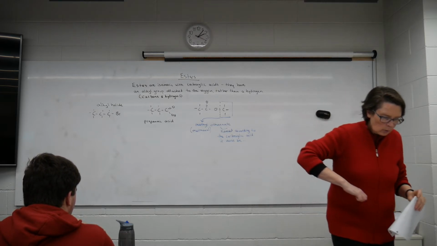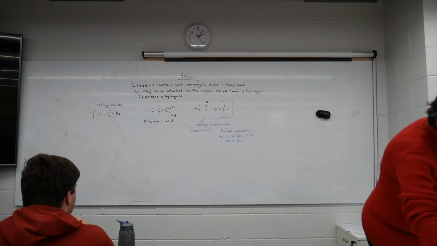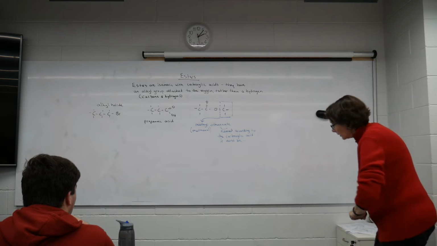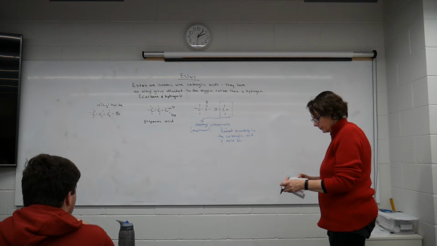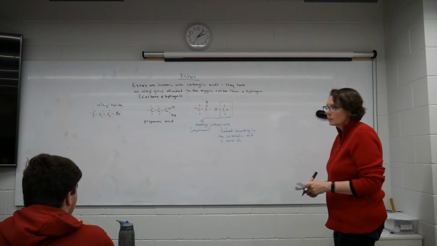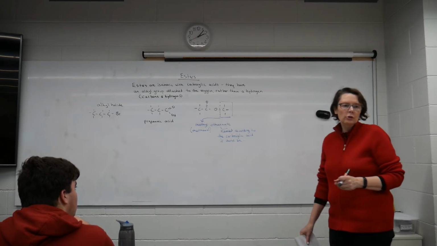Now, anyone want to tell me what sort of bonding is present? We're talking about intermolecular bonding here, in our ester, not in the carboxylic acid. What do we need for hydrogen bonding?